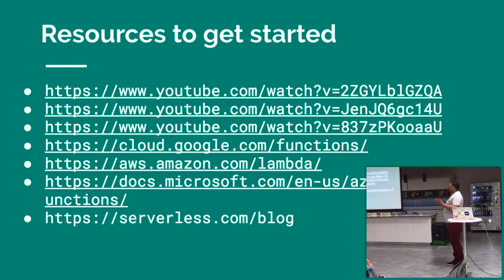And then this is just some resources to get started. So these are all linked. The first three are just YouTube videos on AWS, Google Cloud, and Azure functions. I keep saying logic. And then obviously there's just documentation stuff. And then Serverless is a CLI that was written by this other company.